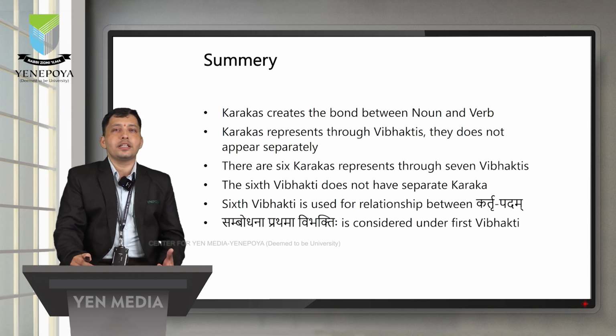They always appear through Vibhakti, which has its own meaning, and based on the context Vibhaktis are used. There are 6 Karakas represented through 7 Vibhaktis, because the 6th Vibhakti does not have a separate Karaka and is used for the relationship with the Kartrapada in a sentence. Sambodhana Prathama Vibhakti is considered under the first Vibhakti, or Prathama Vibhakti.